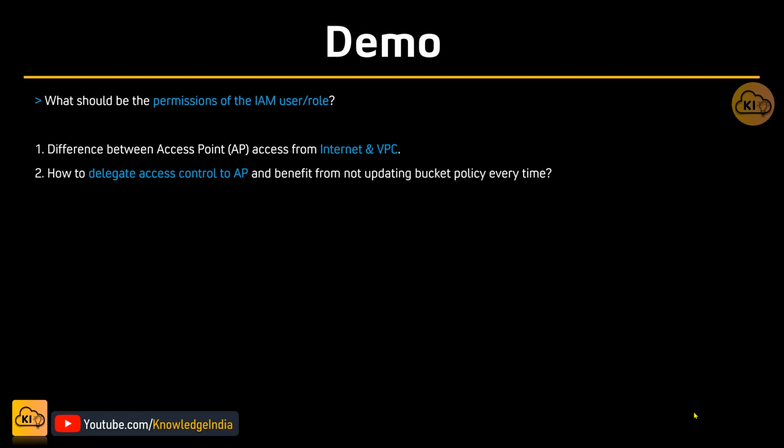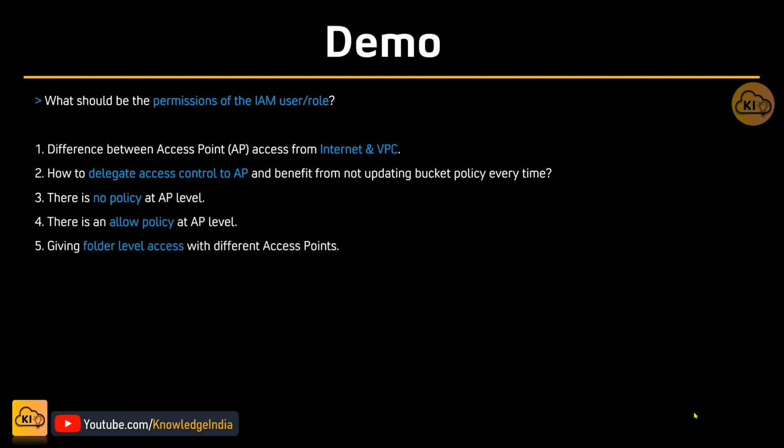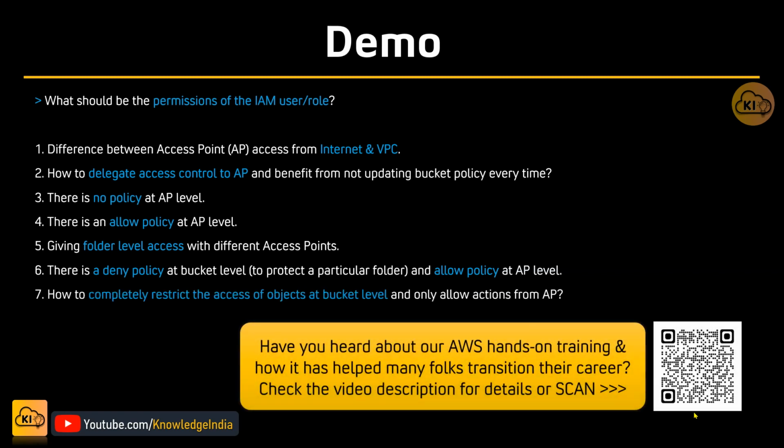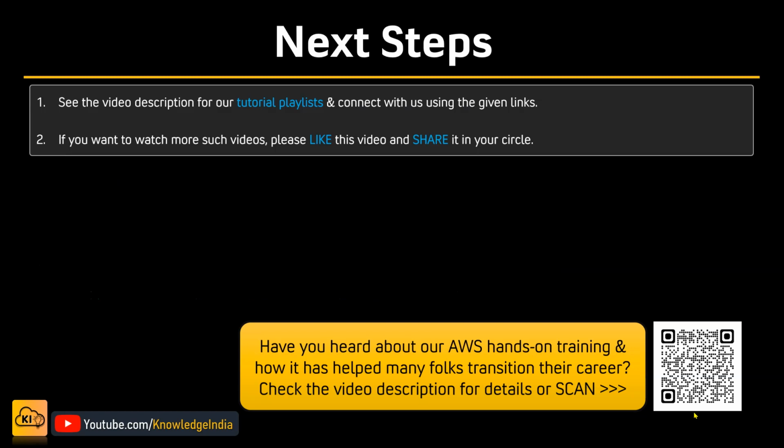We understood how you can go ahead and delegate access control to access point, when there's no policy, when there's an allow policy, all of these things. How can you go ahead and give folder level access? That also we saw. How can you protect a certain folder or content inside a certain folder by adding a deny policy? And we also saw how, with the help of an additional statement in your bucket policy, you can force people to use access point only, and if they directly hit the bucket, the action will fail.